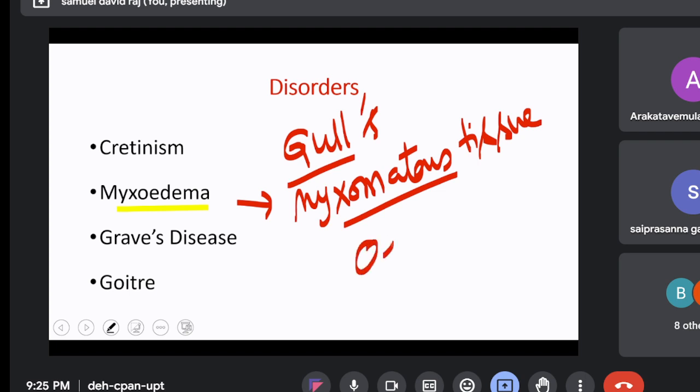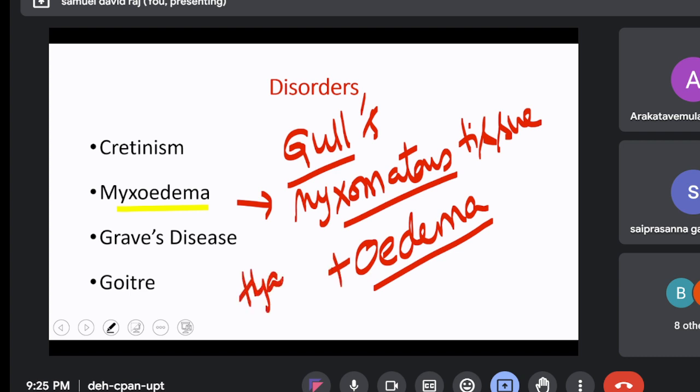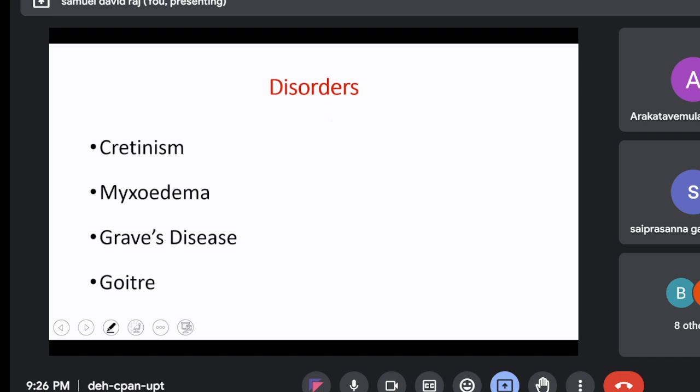This is characterized by edematic swelling of the tissues with certain proteins like hyaluronic acid. And when this happens, large quantities of water are released among the tissues, leading to edema. Edema means nothing but swelling due to accumulation of water.